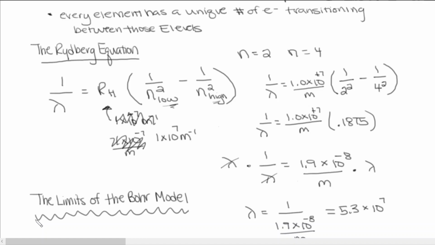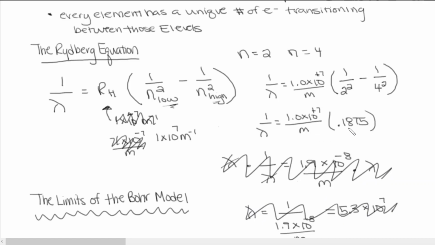0.1875 times 1, 2, 3, 4, 5. Oh, nope. 1, 2, 3, 4, 5, 6. Okay, so here's where everything changes.